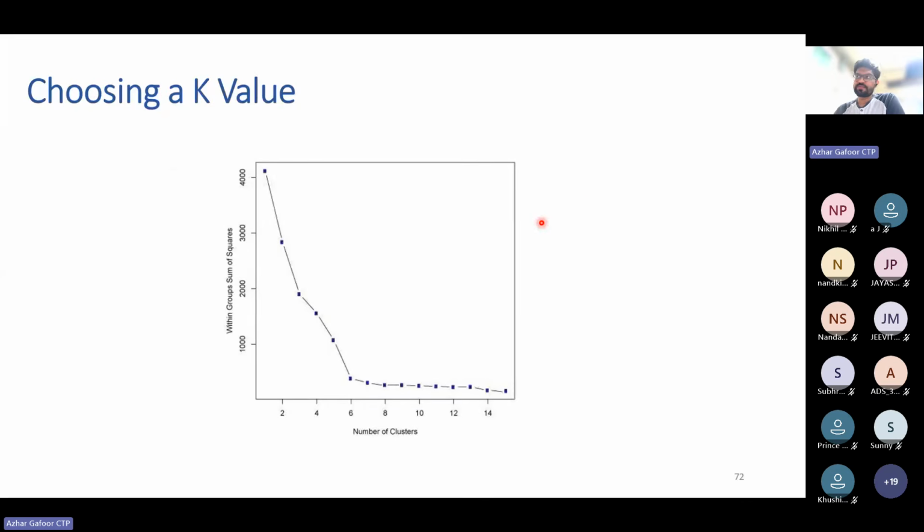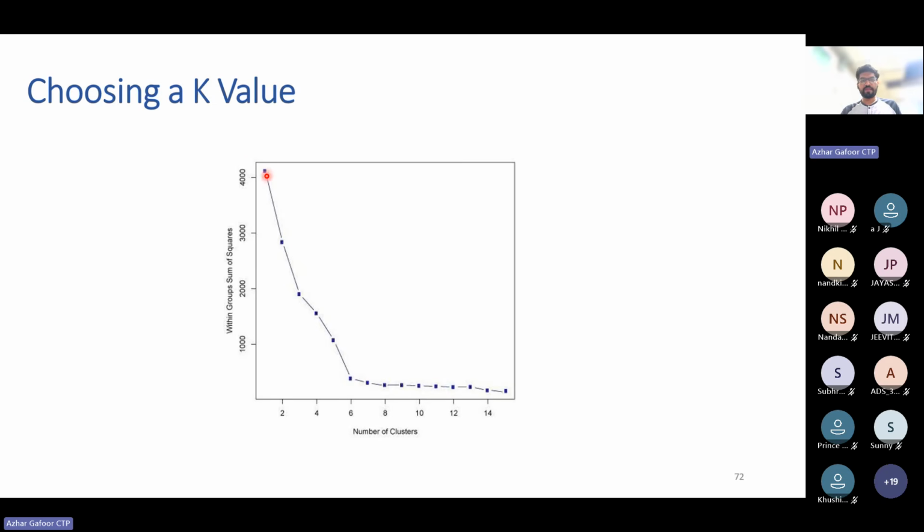So let's see this graph. When it was two clusters, the error was high within the group sum of squares. Then when we increase the K values, you can see that the error is reducing. After it reaches 6, the reduction in the error is smaller.